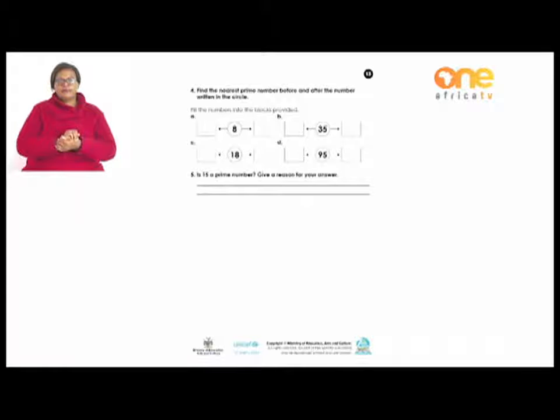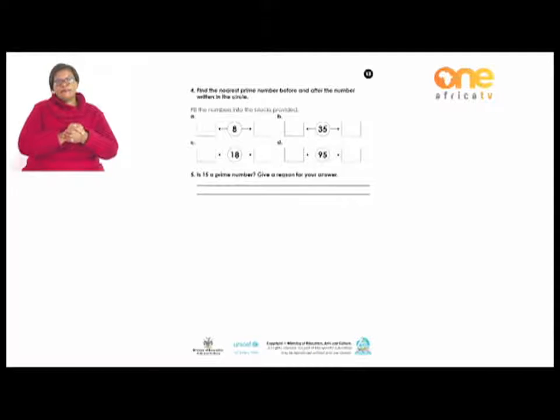On your left-hand side should be the smaller number, and on your right-hand side should be the bigger number. In other words, the prime number. Now, the prime number next to 8, in other words, the nearest prime number next to 8.